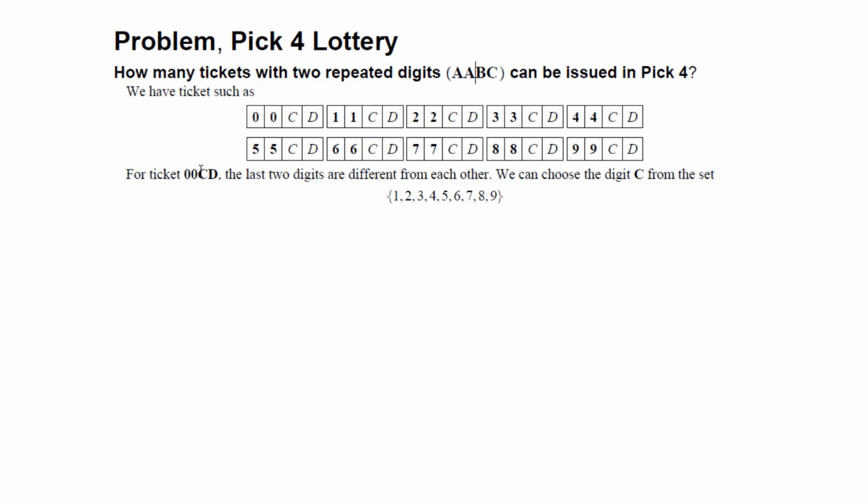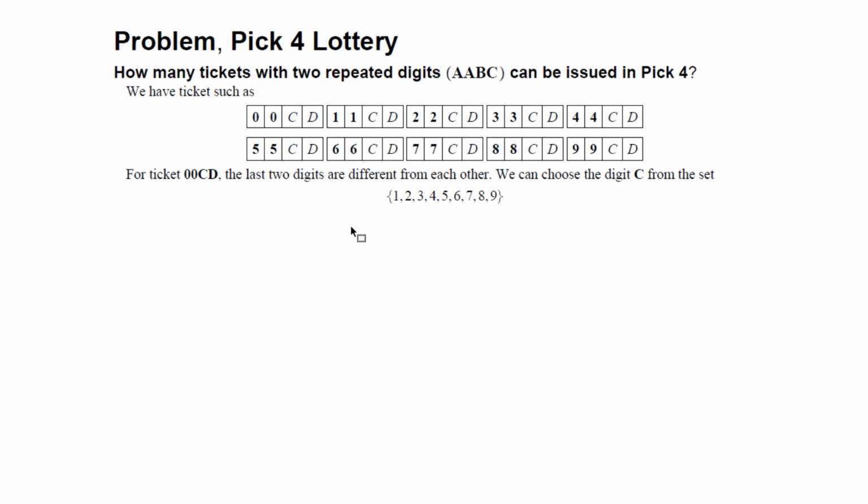So C can be chosen in 9 ways only. How about D? Let's assume that we chose C to be 1. D cannot be 0, otherwise we'll have 0, 0, 0, and it cannot be 1, because otherwise we would have 0, 0, 1, 1, which is not the form AABC but the form AABB.